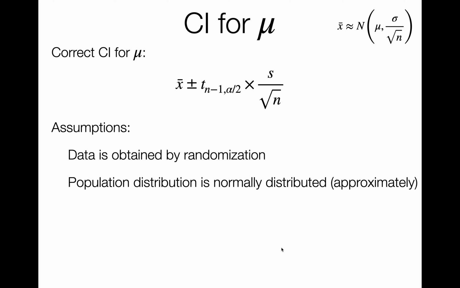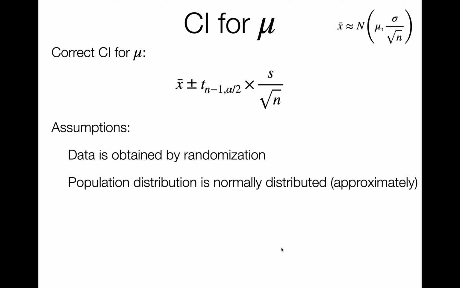And the one that's different now is that the population distribution is normally distributed. Okay, so that's an assumption that we need, sort of. It turns out that you can violate that assumption to a certain extent without facing problems, theoretically.